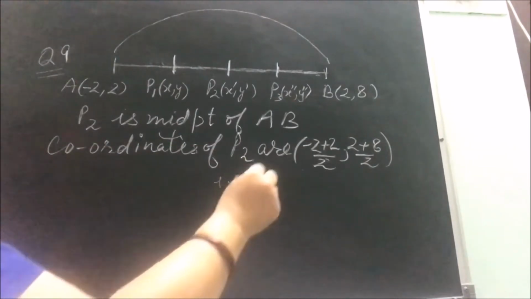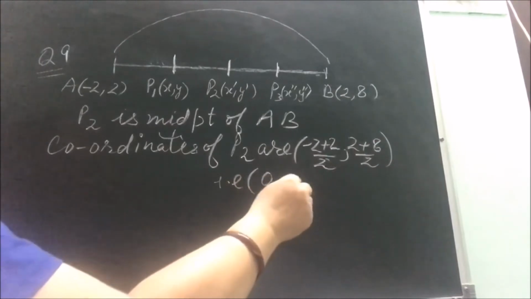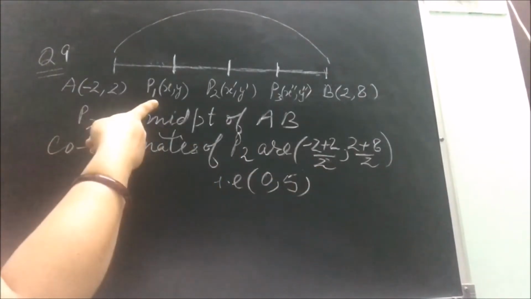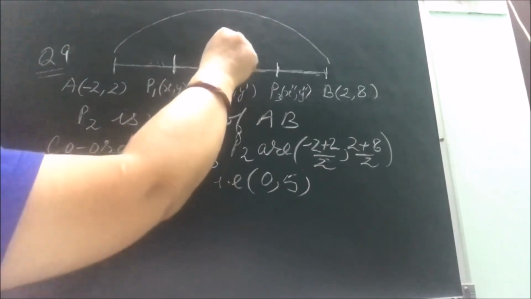That is 0, 10 by 2, that is 5. So the coordinates of P2 are 0, 5.